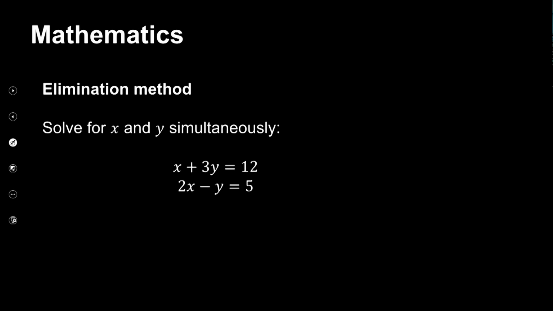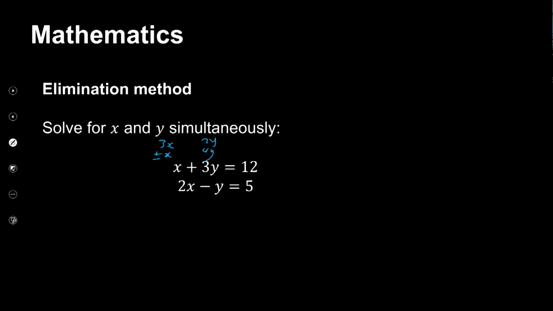Because they don't have the same value. If I add the x and the 2x, I will get 3x. If I subtract them, I will either get a plus or a minus x, so it means I cannot do that. If I go to the y and I add them, it will give me 4y. If I subtract them, it will give me 2y, right?